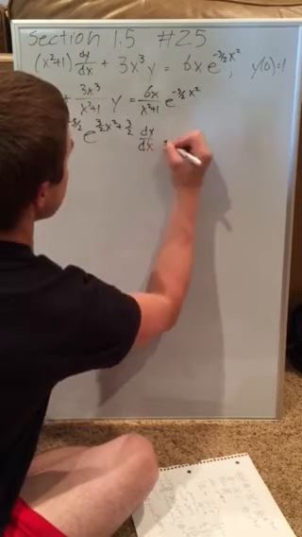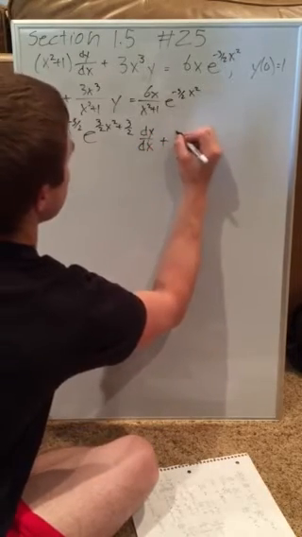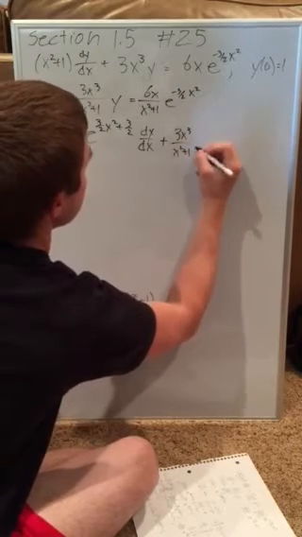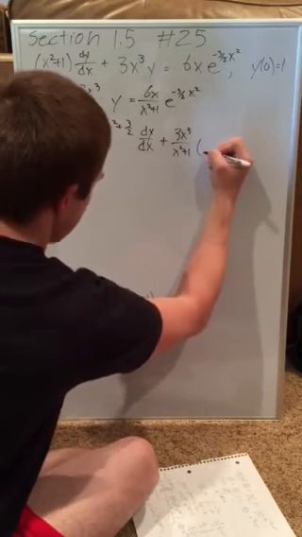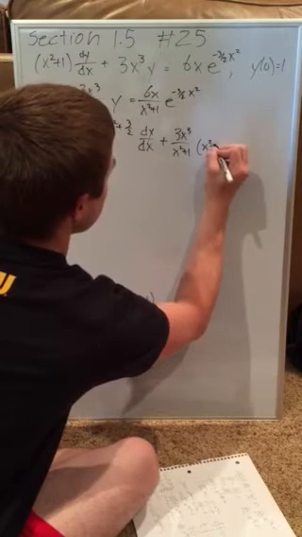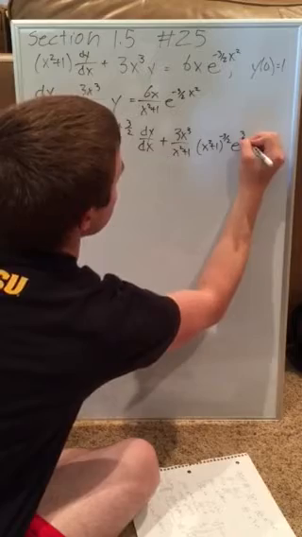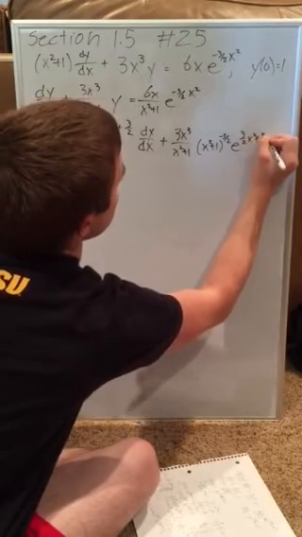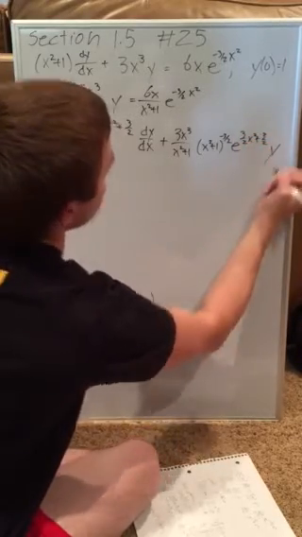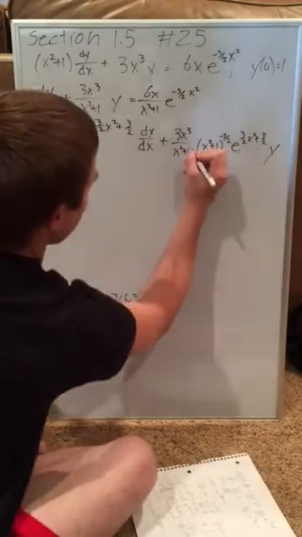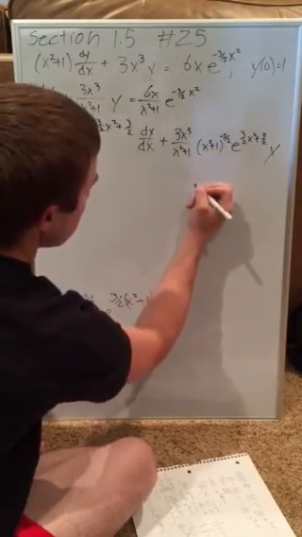dy over dx plus 3x to the third over x squared plus 1, multiplied now by our rho, x squared plus 1 to the negative 3 over 2 e to the 3 over 2 x squared plus 3 over 2, y. And you can't see it now, but this is really negative 2 over 2.